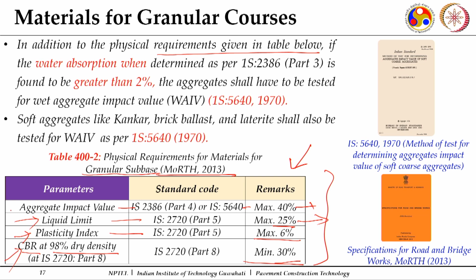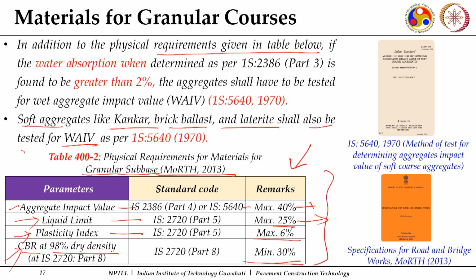It says that soft aggregates like concrete, brick, ballast and laterite shall also be tested for wet aggregate impact value. As I said, this needs to be ensured. What is the wet aggregate impact value? Certain aggregates become significantly weak in the presence of water. They may perform well when tested in dry condition, but not under wet condition.